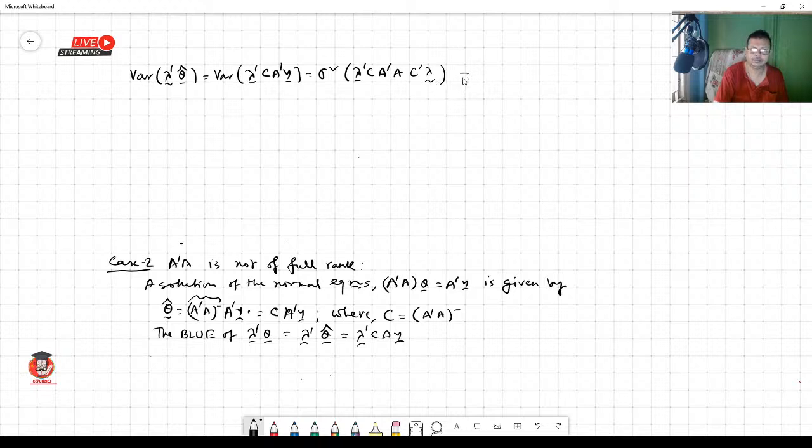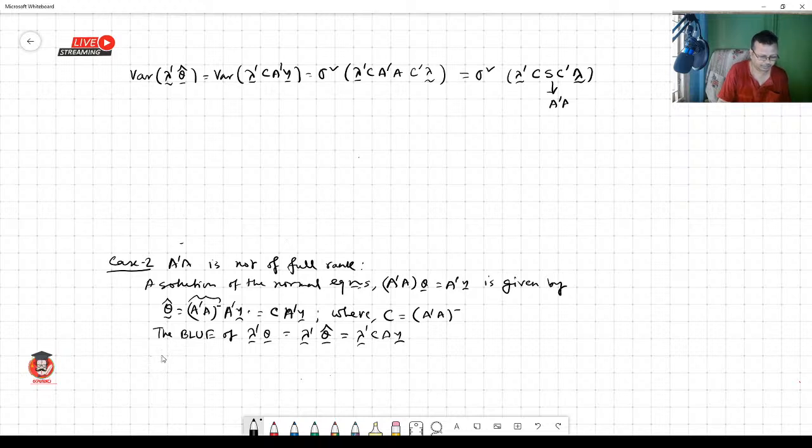This is equal to sigma square lambda curl prime C S C prime lambda curl, where I already defined S as A prime A. So this is the variance of lambda curl prime theta curl hat.